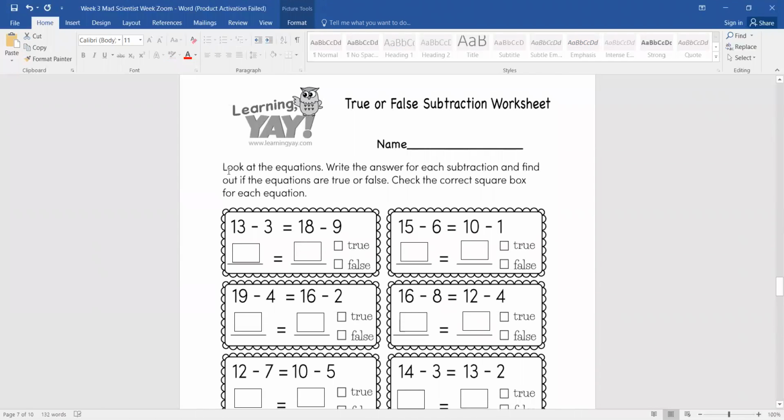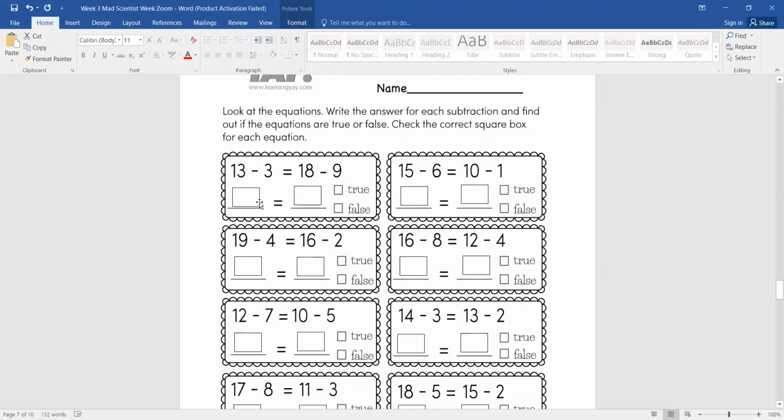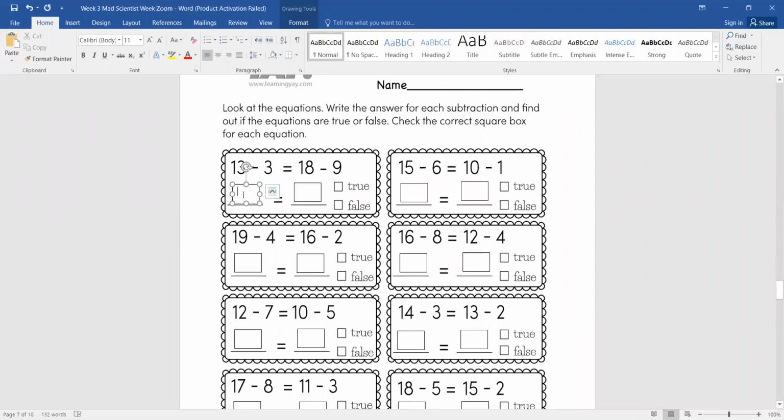So the instruction says, look at the equations. Write the answer for each subtraction and find out if the equations are true or false. Check the correct square box for each equation. Okay, so 13 take away 3 is 10. And 18 take away 9 is 9.